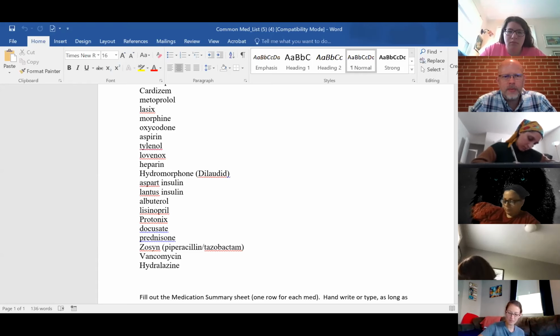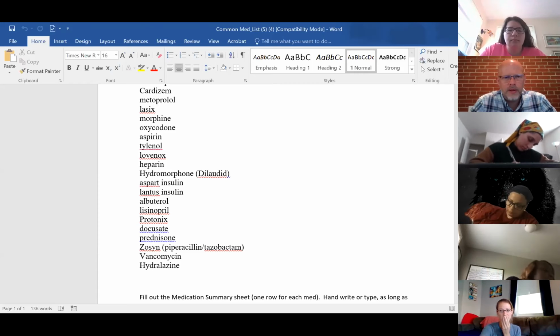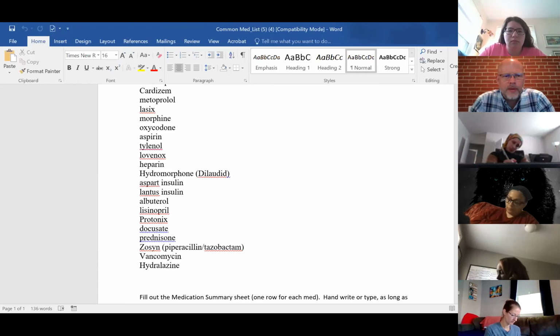Trivial fact, 81 milligrams is the amount that the body can metabolize in a healthy liver in the first pass. So if you and I take 81 milligrams, by the time it has traveled through my liver, there is no systemic effect on the rest of my blood. So it only, as we say, antiplatelets the blood that's in the liver at that time. So 81 milligrams is not going to provide any amount of pain relief for your patients.